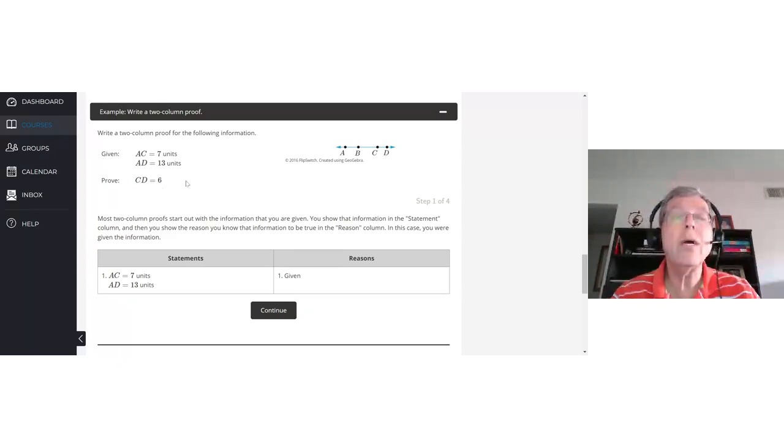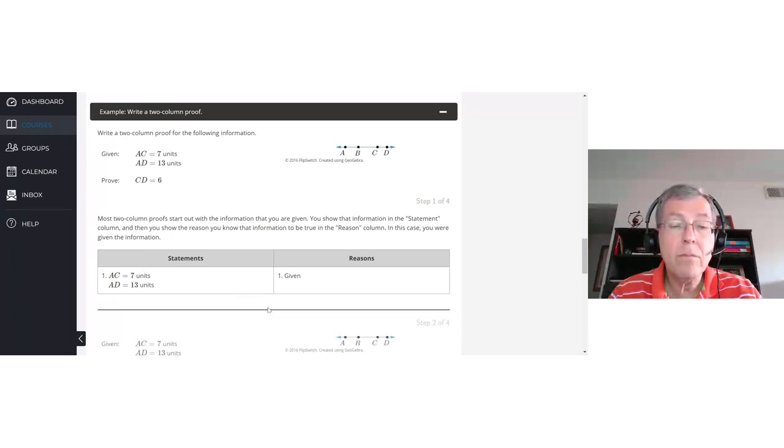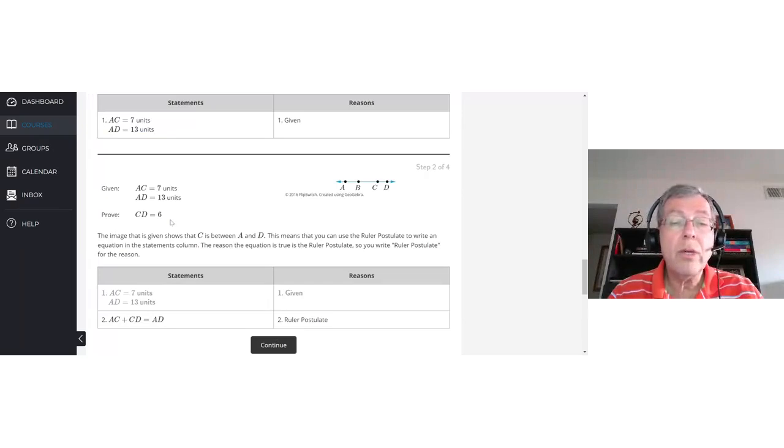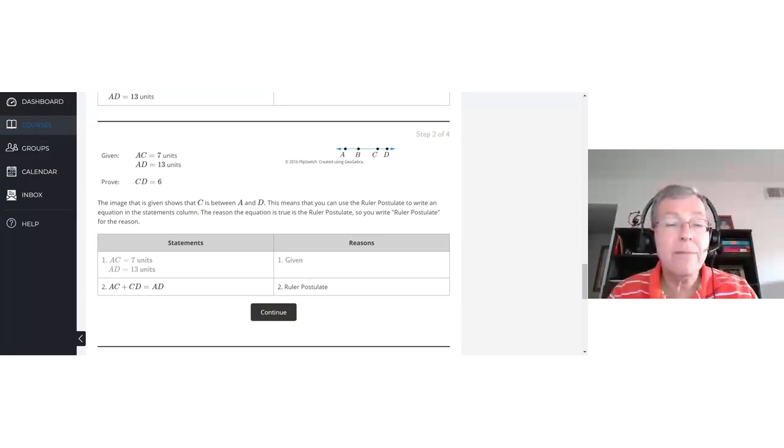Now we know that is true, but we're putting names, labels on top of the facts and what we're thinking. So here in this table below, they've repeated again step 2, same information as before, the given, and what we're proving is that CD equals 6.